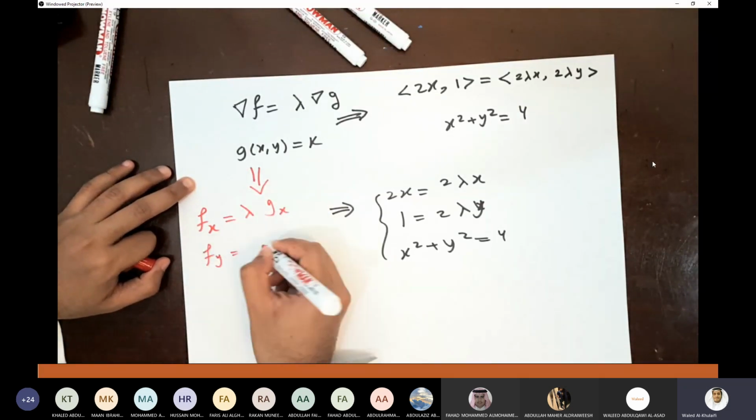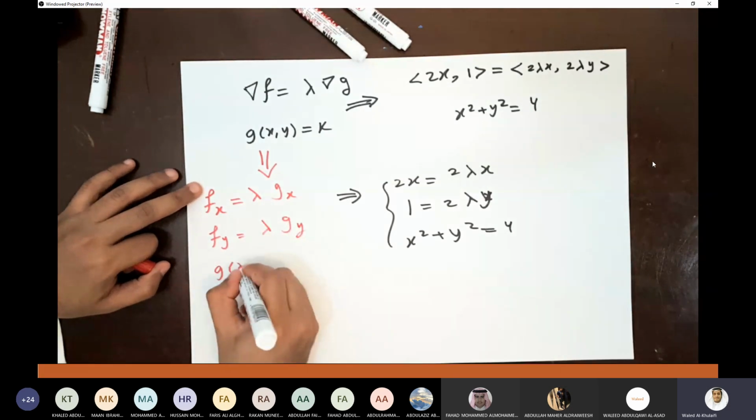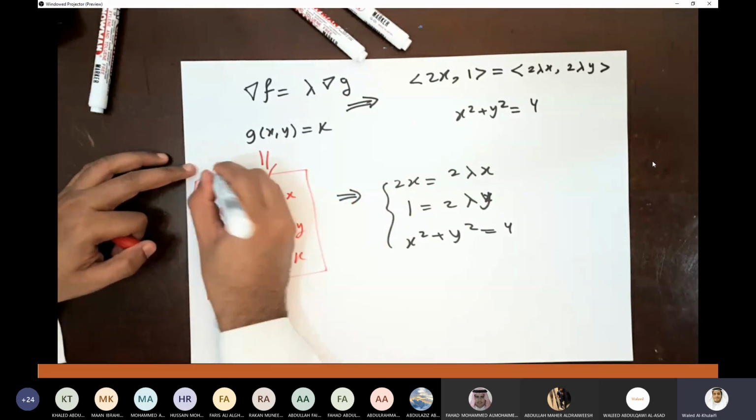The derivative of f with respect to y is equal to lambda times the derivative of g with respect to y, and of course g(x, y) equals k. This is a shorthand for the gradient.